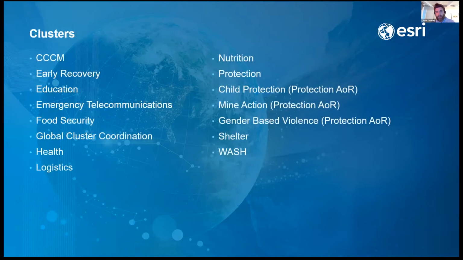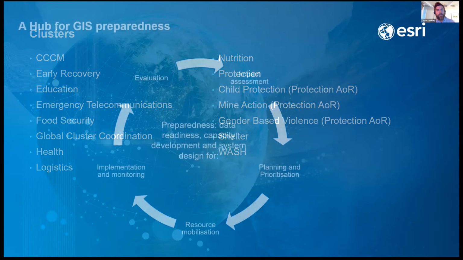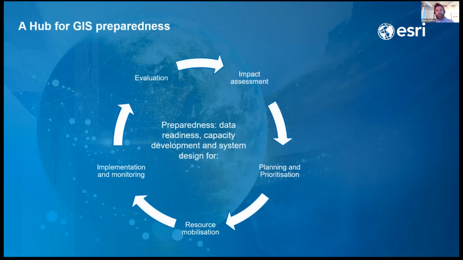The clusters are the clusters. So essentially, that would be one dimension of tagging for the solutions. And in terms of the cycle, the phase of our work, this is how it's organized. So we're looking at impact assessment first, which would lead to planning and prioritization, then to resource mobilization, implementation and monitoring, and evaluation.